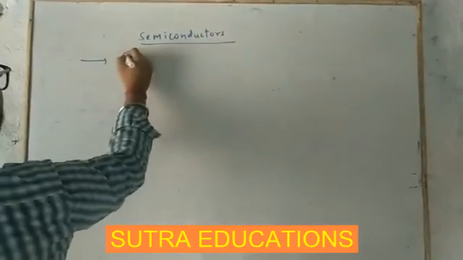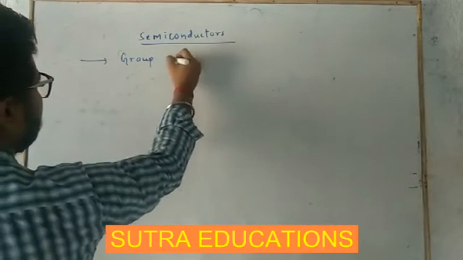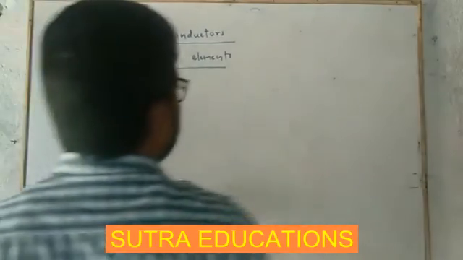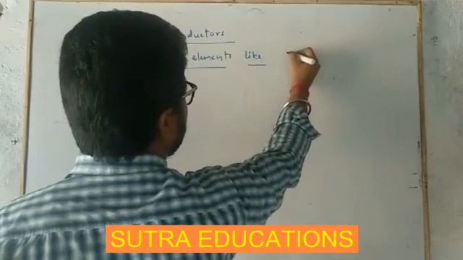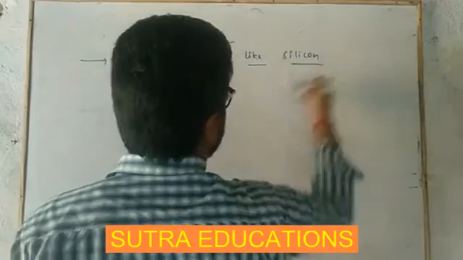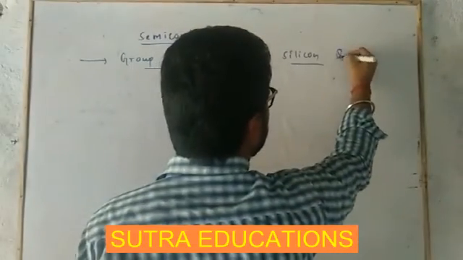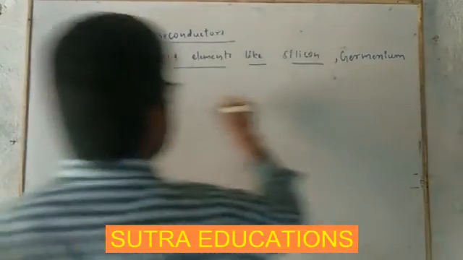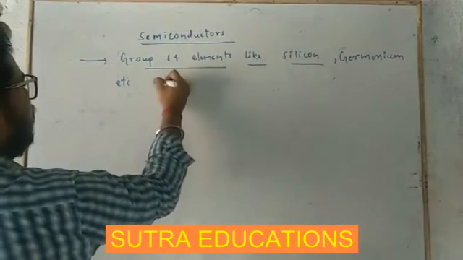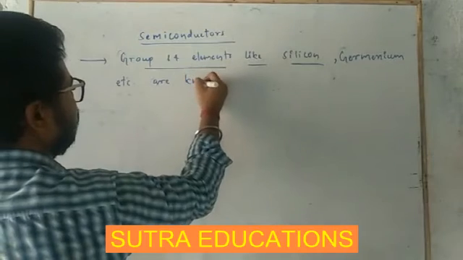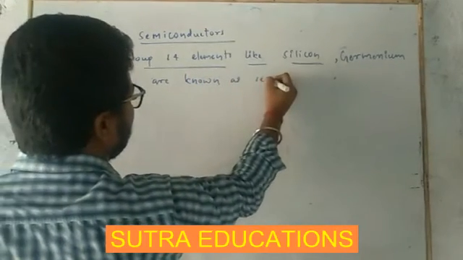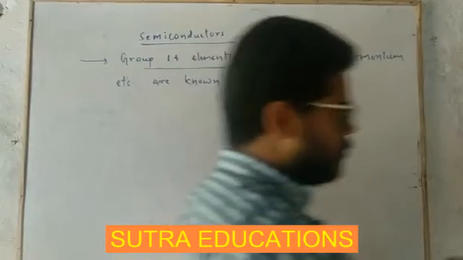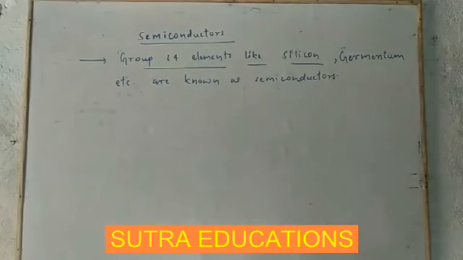Group 14 elements like silicon, germanium, etc. are known as semiconductors.